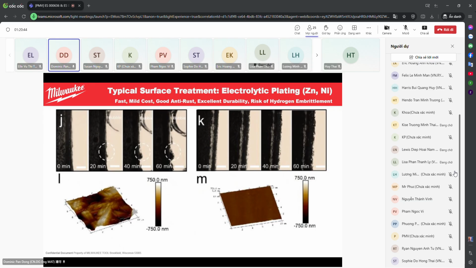And here we can see that for the electrolytic plating, this gives us why something happens, so-called hydrogen embrittlement.